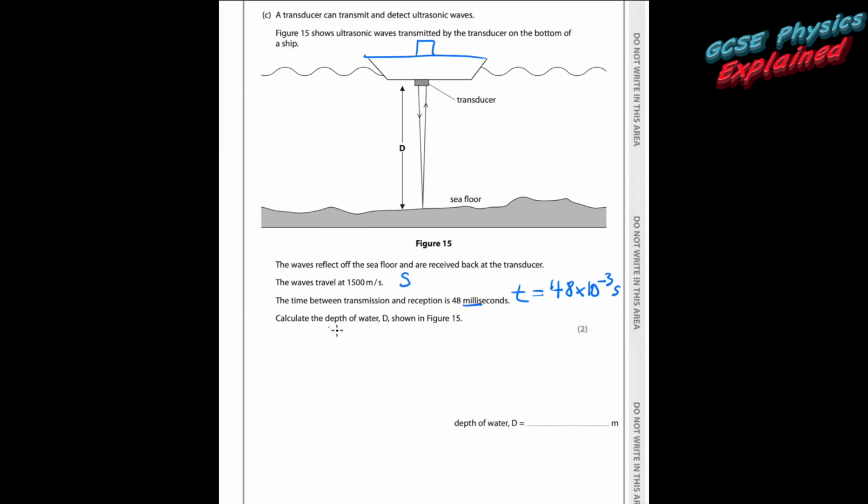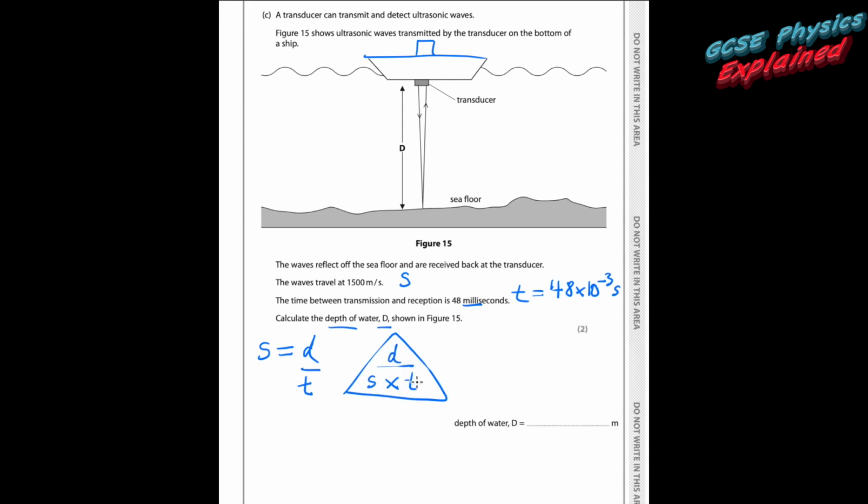Calculate the depth of the water D shown in figure 15. So speed equals distance divided by time. We need d. Rearrange the formula to find d. So distance is on the top shelf here, so it goes on the top shelf there.